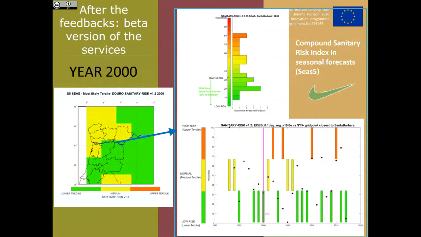And as you can see in the next presentation by Massi, the seasonal forecast shows a probability of obtaining a value above the normal, below the normal, or a value in line with the normal values of some essential climate variable. And even for the compound risk index, we report the result of the risk index in terms of tercile.